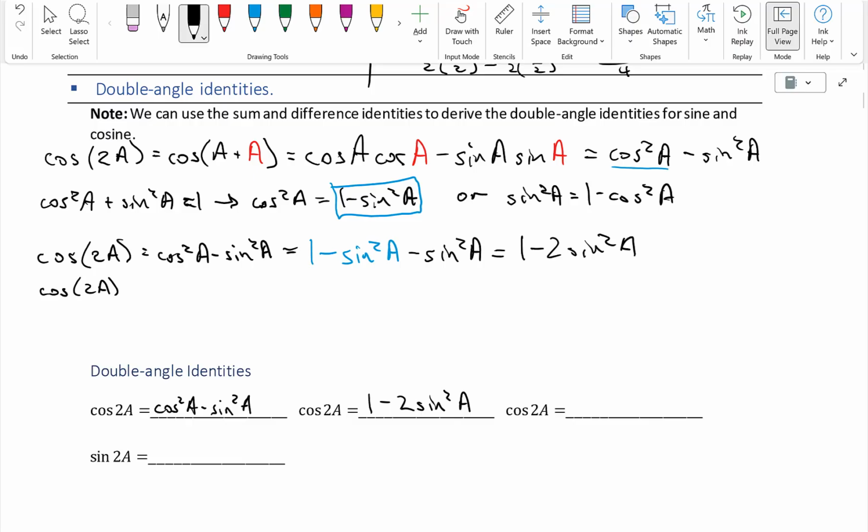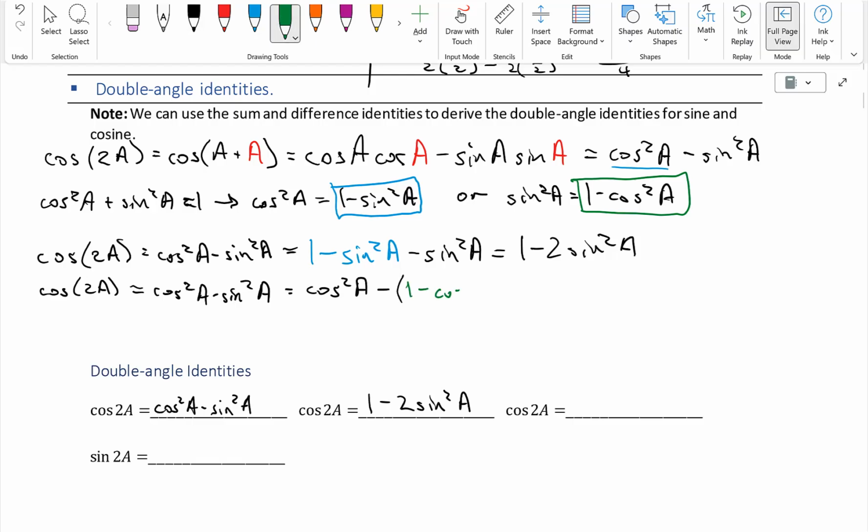solve there from that fundamental Pythagorean identity. Cosine of 2a is equal to, again, cosine squared a minus sine squared a. If we do our substitution for sine squared a this time, which was equal to 1 minus cosine squared a, we would have a cosine squared a minus our quantity of 1 minus cosine squared a.